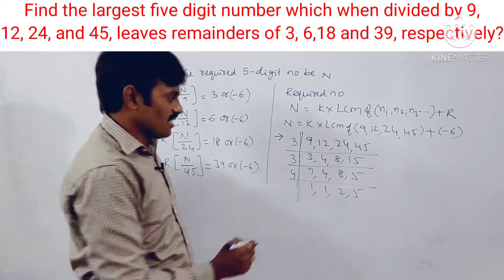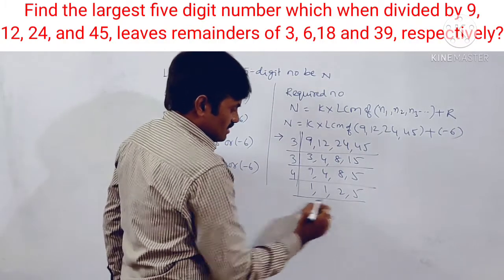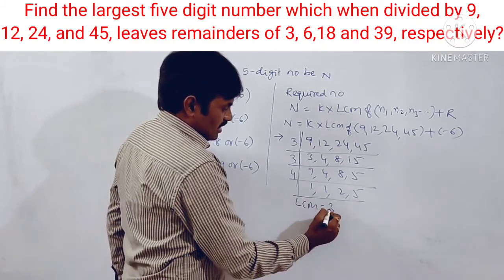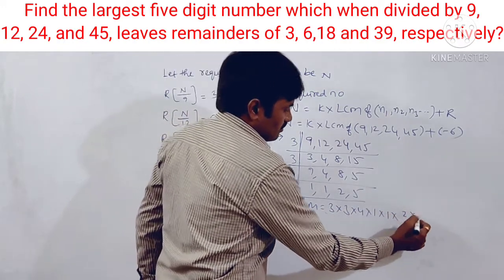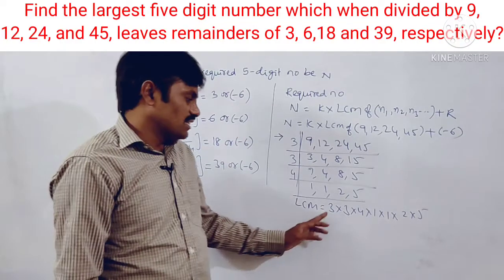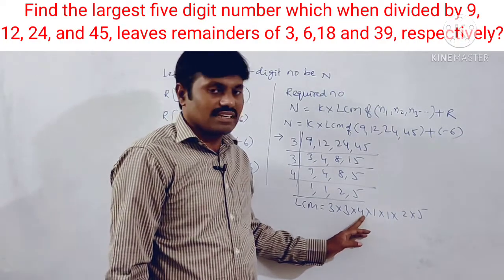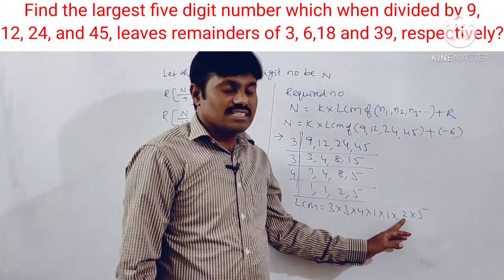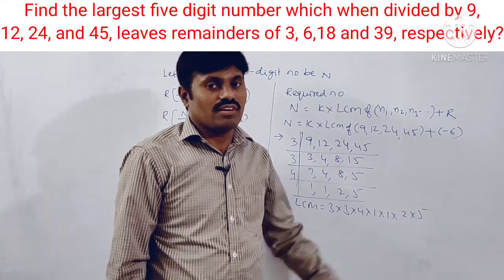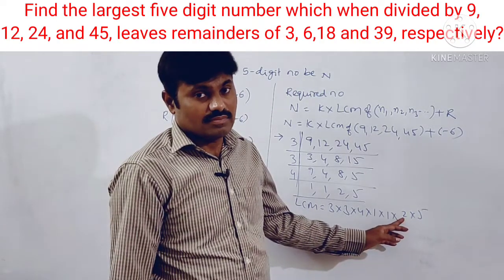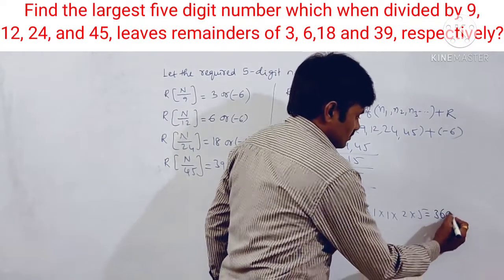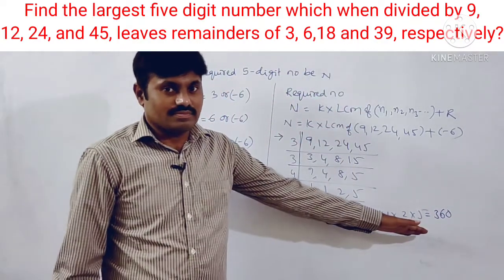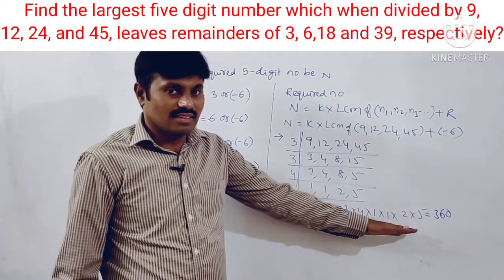So the LCM is 3 into 3 into 4 into 1 into 1 into 2 into 5. So 3 3s are 9, 9 4s are 36, 36 2s are 72, 72 5s are 360. So this is the LCM of these divisors.